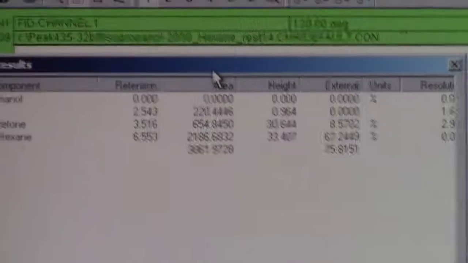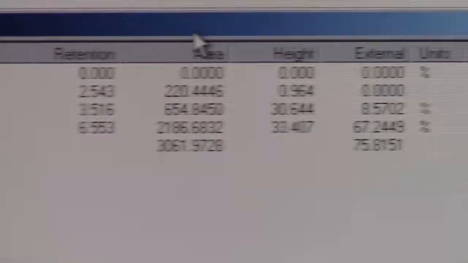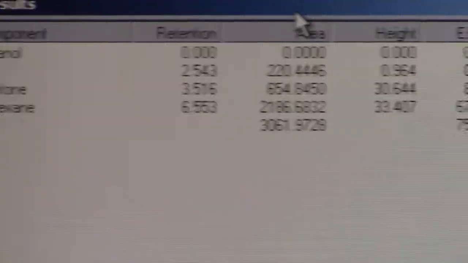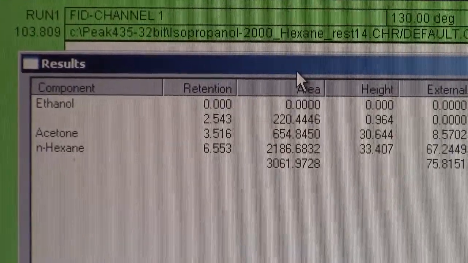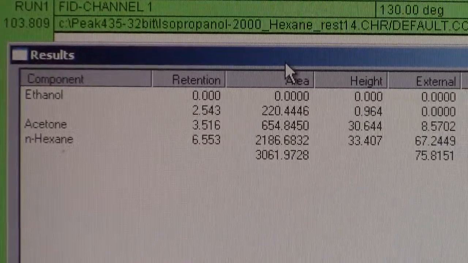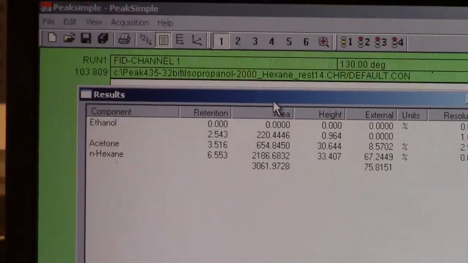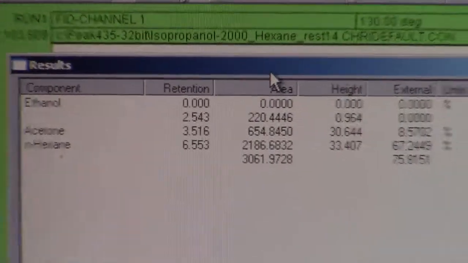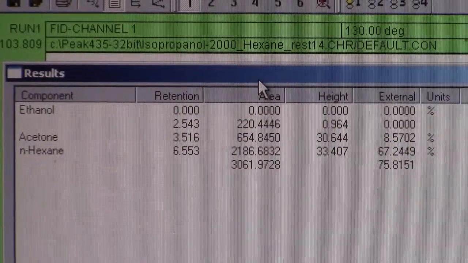I'm sorry, I cannot make it bigger, but our tested mixture, the label said that we had a mixture of N-hexane, acetone, and ether in the proportions of 3:1:1.